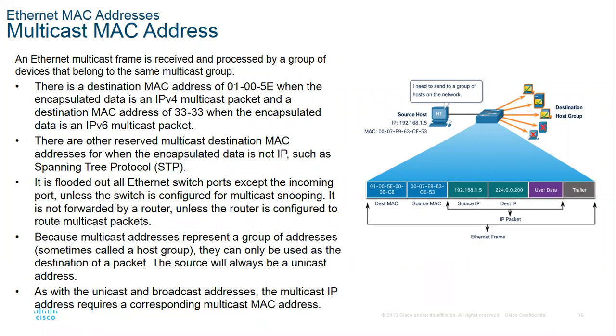We usually use a multicast Ethernet address for specific applications, such as the Spanning Tree Protocol. It's used for resolving loops in the network while having multiple switches interconnected together. We will explain it later on. So to deploy the Spanning Tree Protocol, we need to have a multicast MAC address.